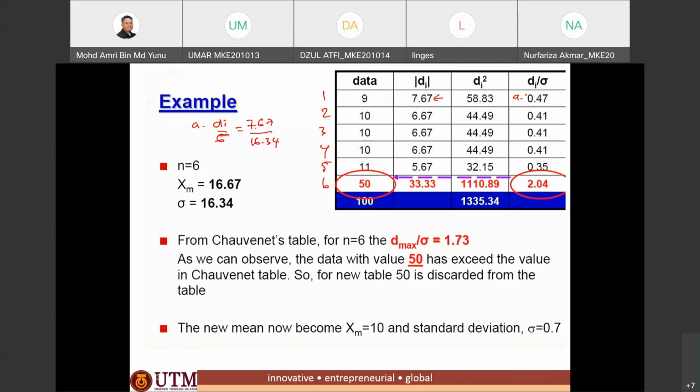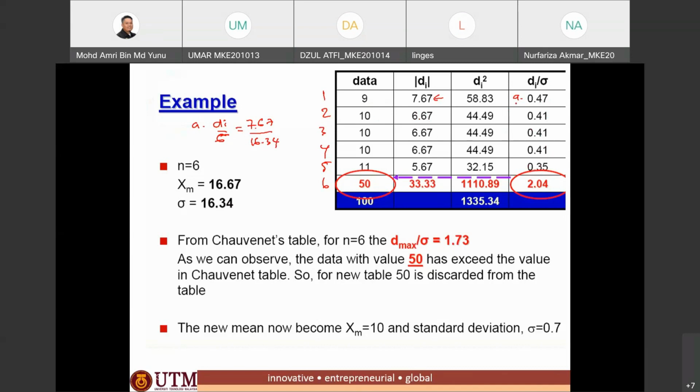So we get 0.47. We repeat for the second data point, the offset divided by the standard deviation, and so on for every data point. So I'm going to fill in the values in the column on the right hand side.